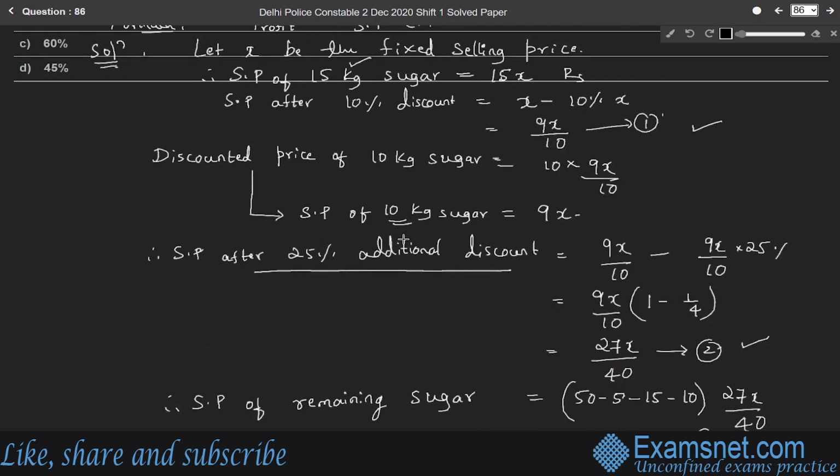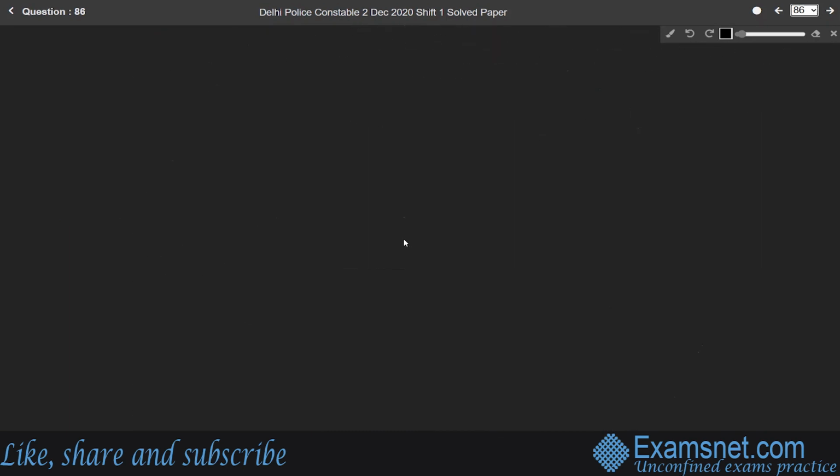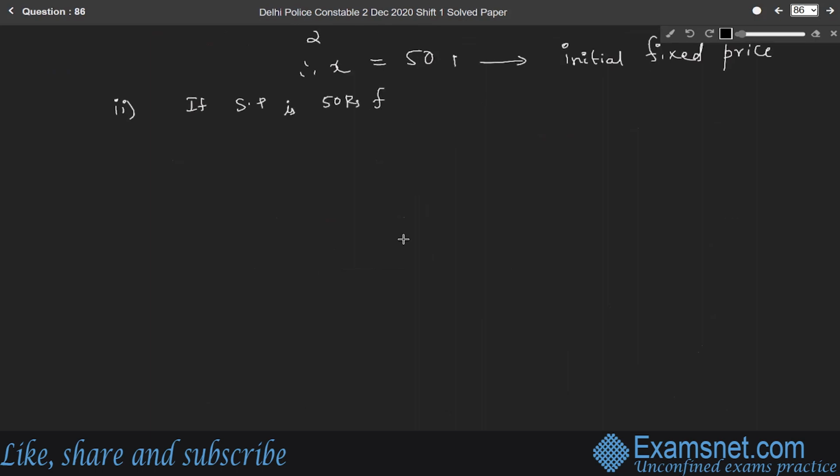so let us consider all these as first part of the solution and the remaining as the second part of the question. Right? So if selling price is 50 rupees per kg for all 50 kg sugar, then selling price becomes 50 into 50, which is 2,500 rupees, right?